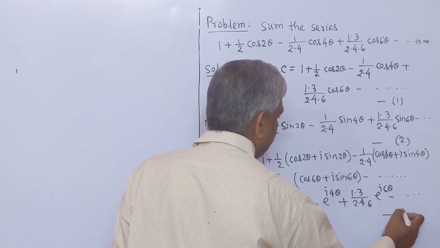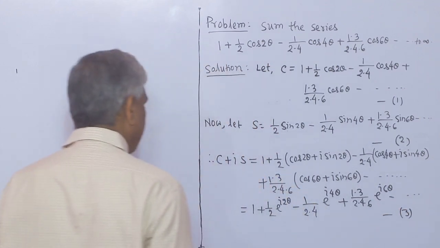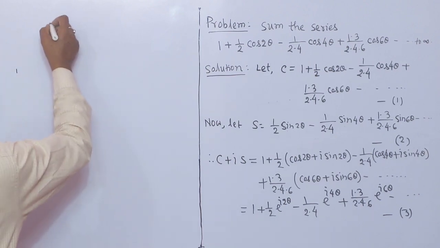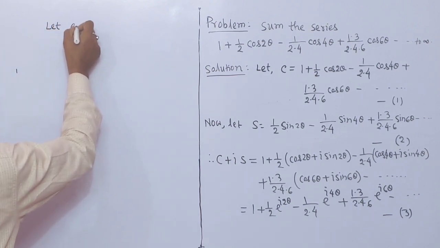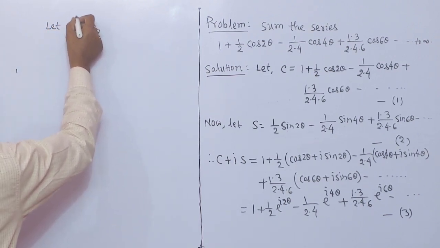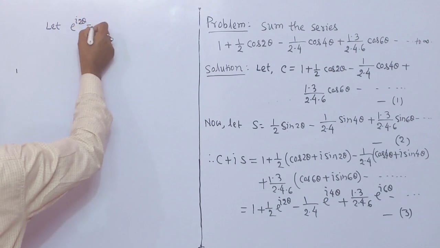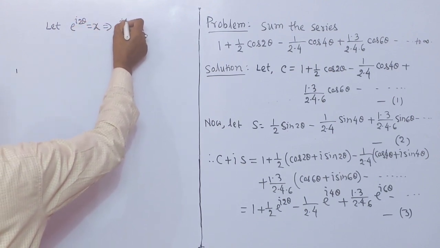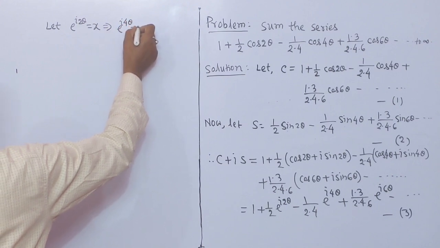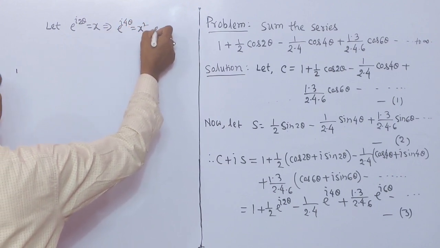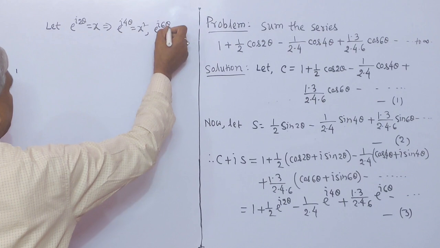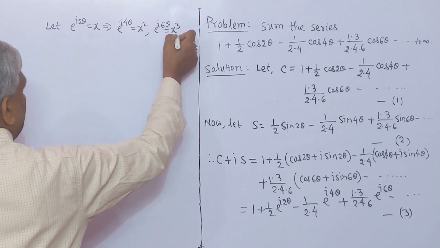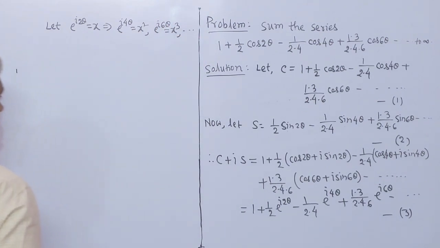This is number 3. Let e to the power i 2 theta equal to x, implies that e to the power i 4 theta equal to x square, e to the power i 6 theta equal to x cube, and so on.